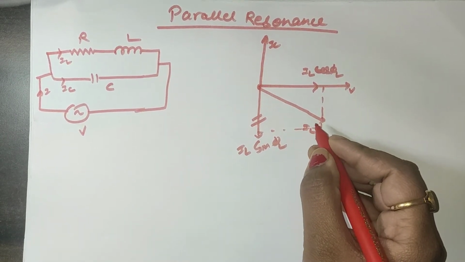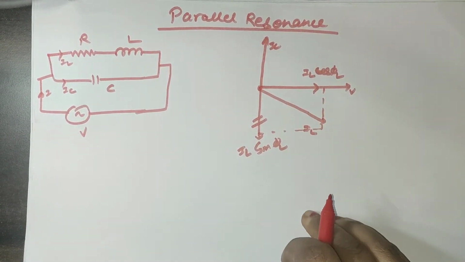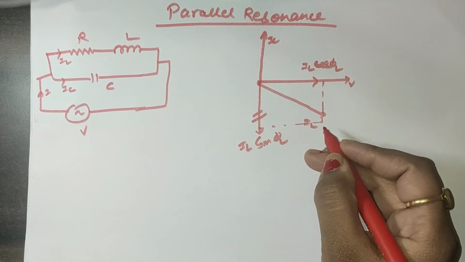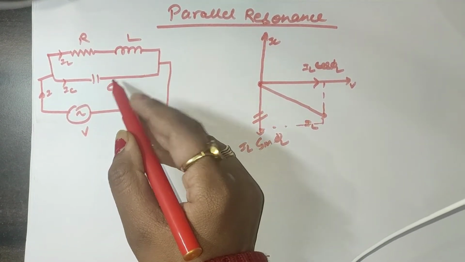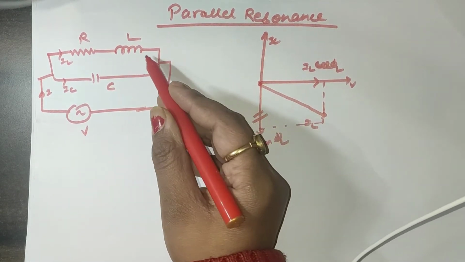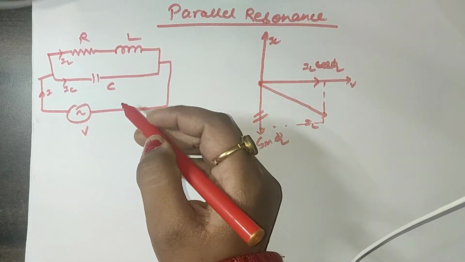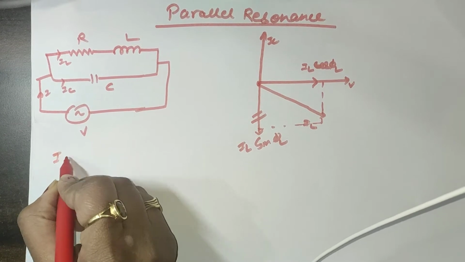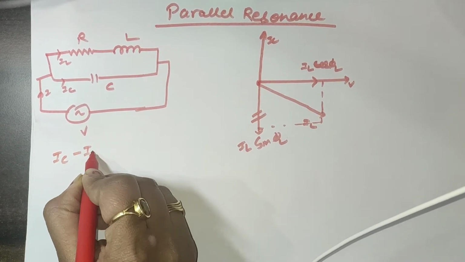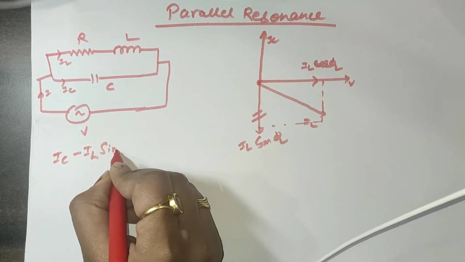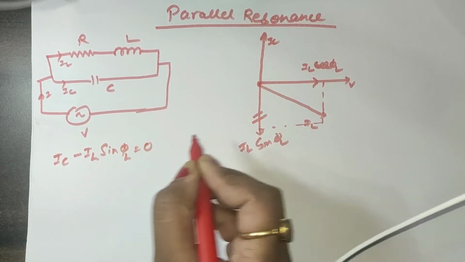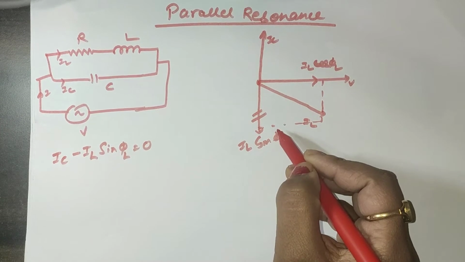The circuit will be in resonance when the reactive component of line current is zero. L and C both give reactive components, so IC minus IL sin phi L equals 0, because this is your reactive component.